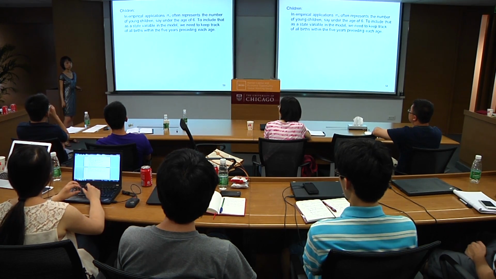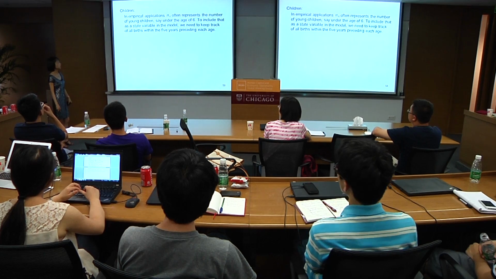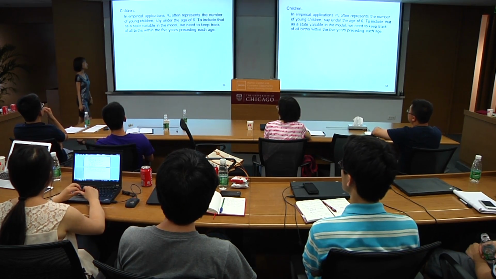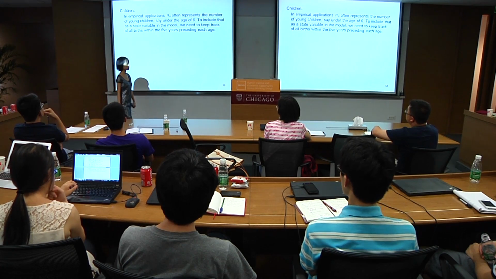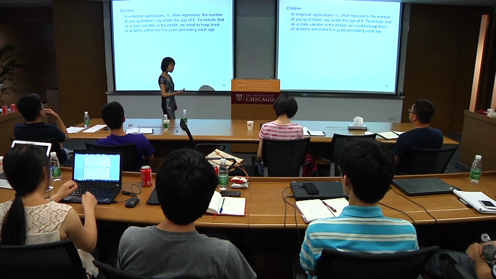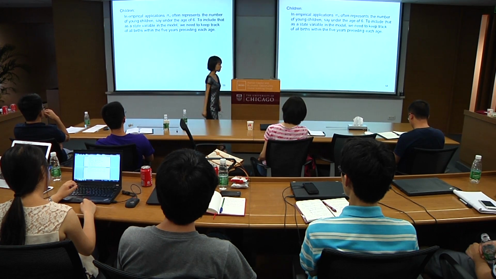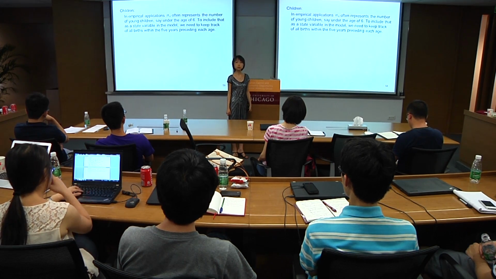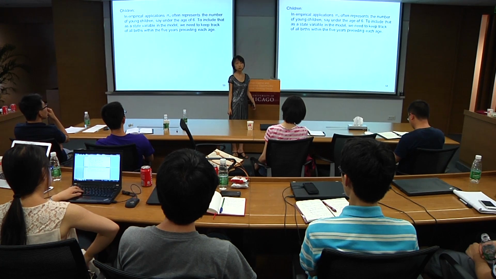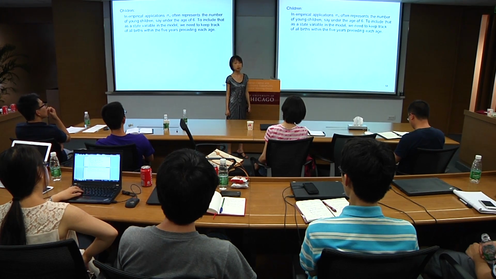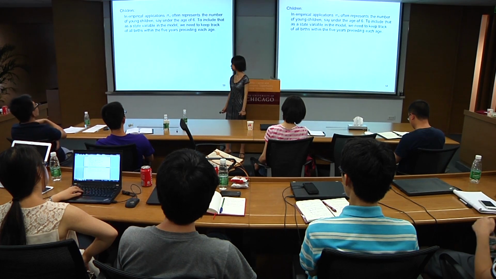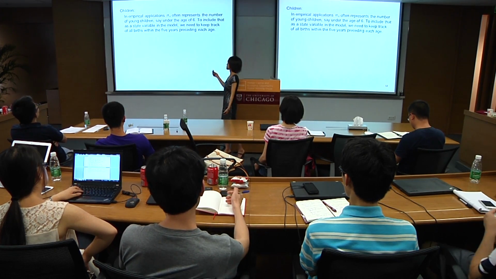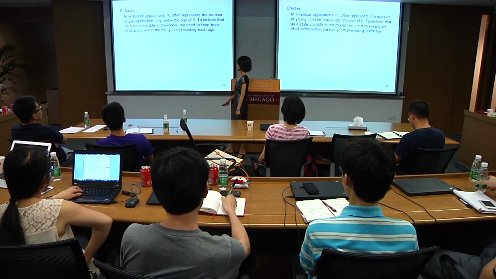Children. First of all, in empirical applications, when people talk about the wife's value of time at home depending on children, basically we mean young children. That means childcare. So let's say under age 6.